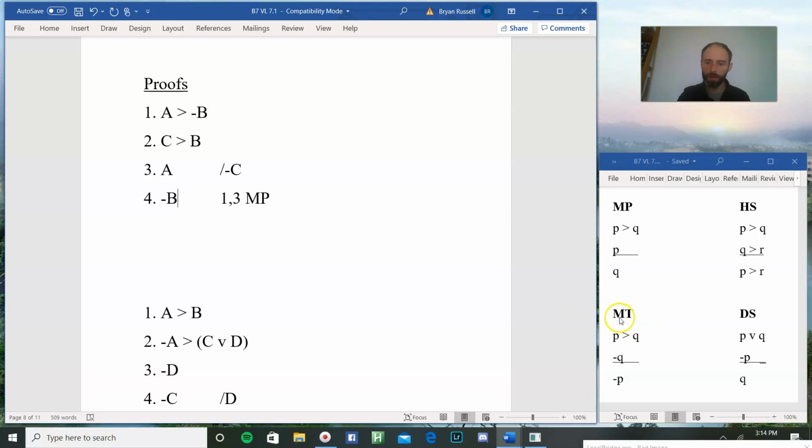And if we look down here at MT, we'll see that if we have a horseshoe as a main operator, like we do on line 2, and if we have the negation of the consequent, like we do on line 4, then what MT tells us is we can get the negation of the antecedent. So here we have a horseshoe and we have the negation of the consequent, so we can get the negation of the antecedent, so we can get tilde C. So 5.